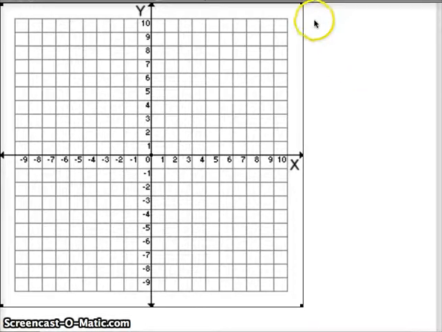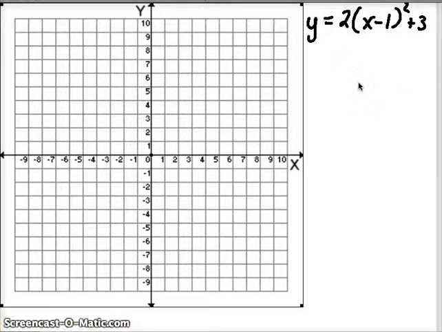Alright, so our first example, let's try y equals 2 times x minus 1 squared plus 3. So, again, look at a. Is a positive?